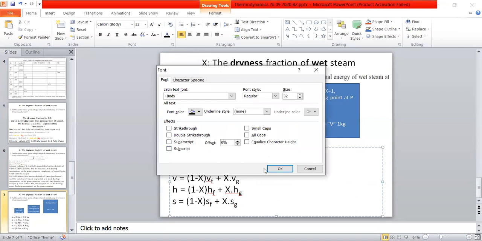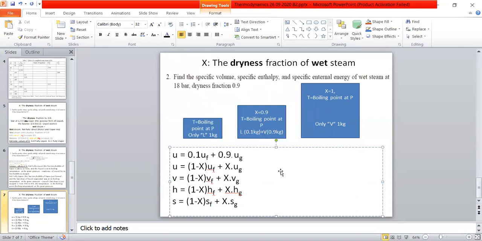Further, this one I will write this way. See, 0.9, 0.1. I use 1 minus 0.9. That is how the 0.1, because 0.9 is there, the balance is 1 minus 0.9.